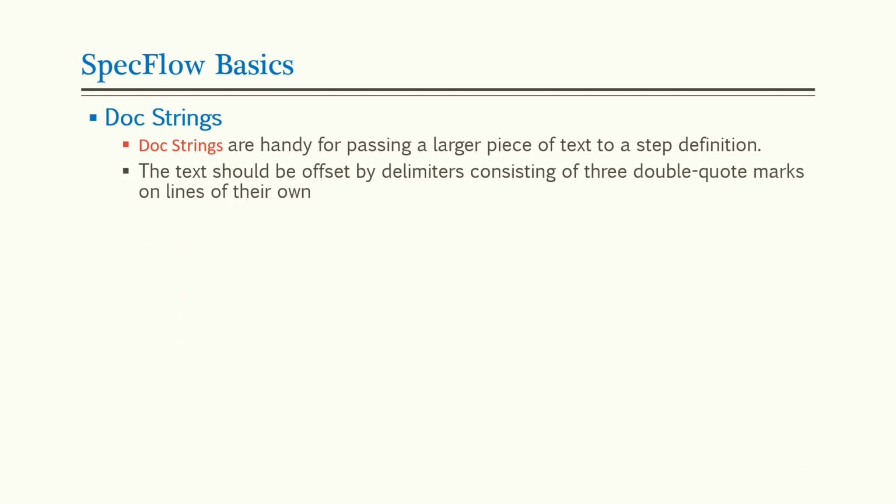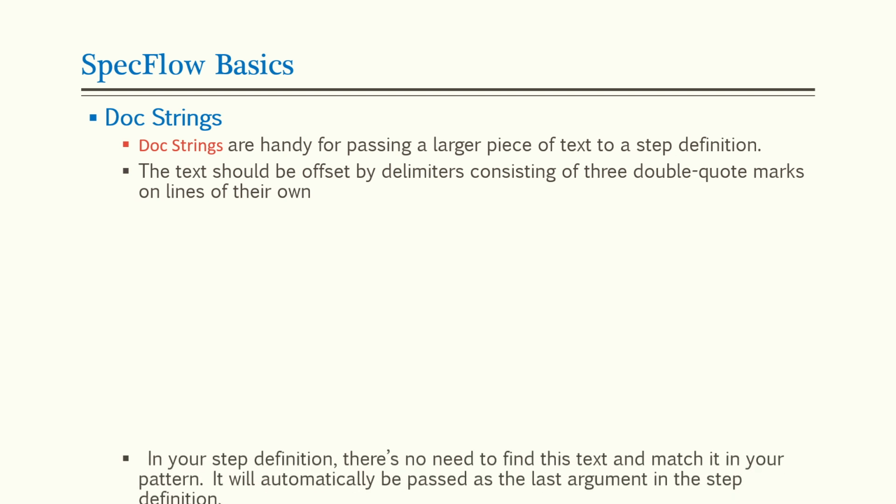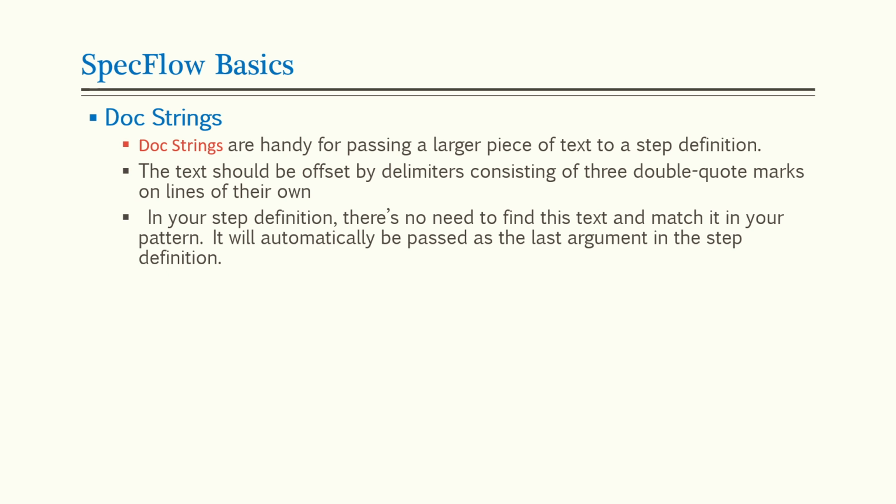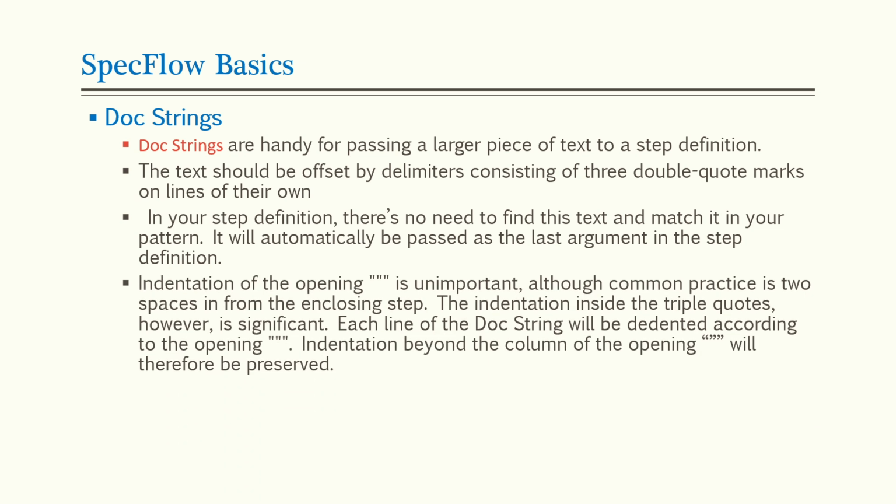The text should be offset by a delimiter consisting of three double quotes marked on lines of their own. In your step definition, there is no need to find this text and match it in your pattern. It will automatically be passed as a large argument in the step definition.